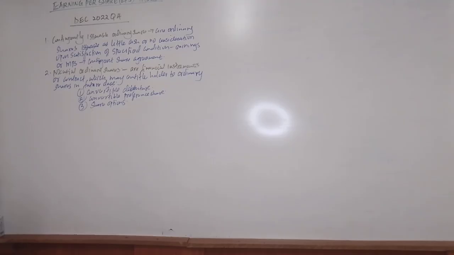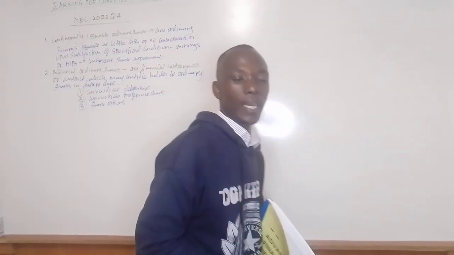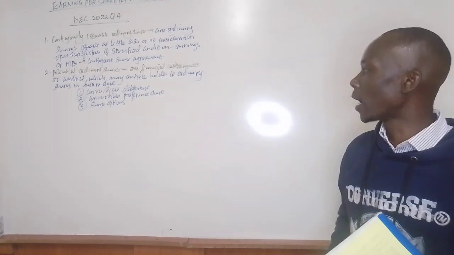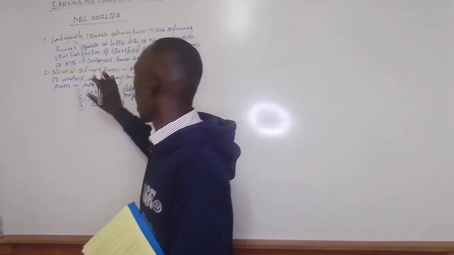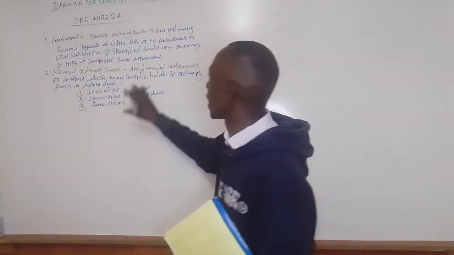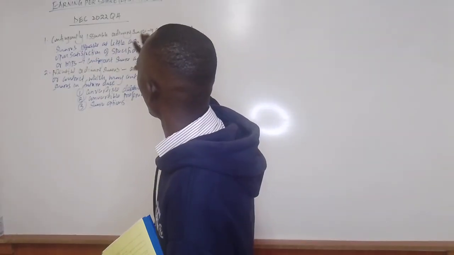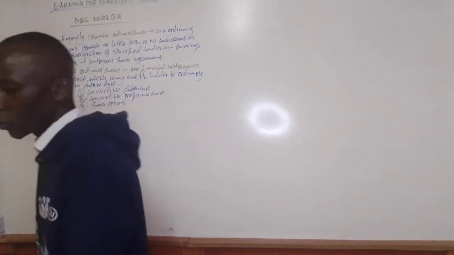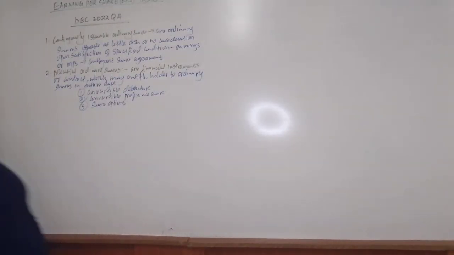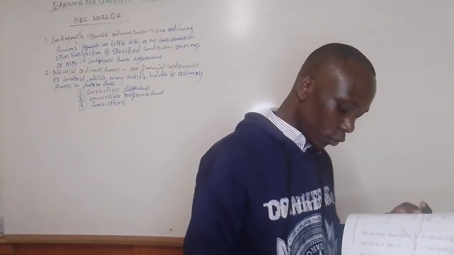So these are some of the examples of potential ordinary shares. So that's what the students of December 2022 question number 4 were supposed to tell the examiner in that question. They were supposed to talk about the contingently issuable ordinary shares and potential ordinary shares.